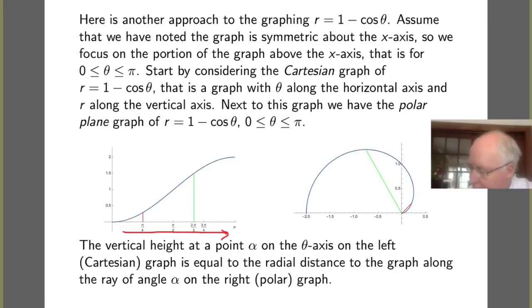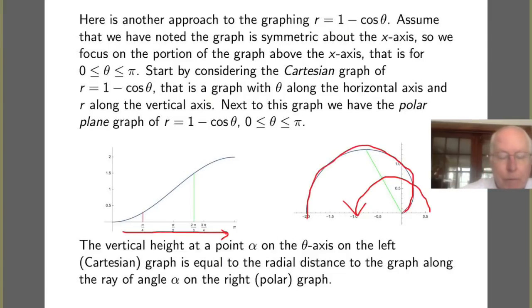And that tells us then, as we let theta move us around from the x-axis to the negative x-axis, in this counterclockwise direction, that again the r value gets larger. And you can see the points in the graph are getting further and further from the origin as we move around the curve. So this idea of looking at the Cartesian graph first and then understanding how r is increasing with the angle can give us some good insight into the structure of the graph.